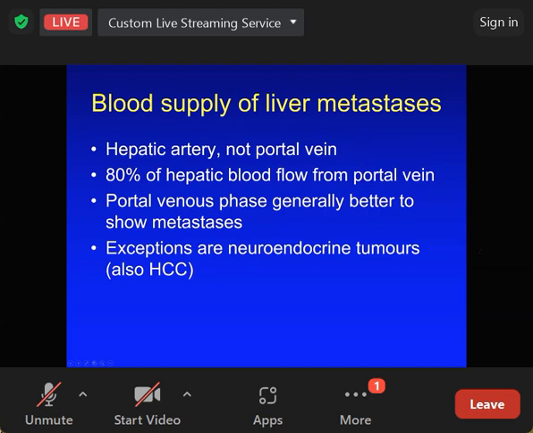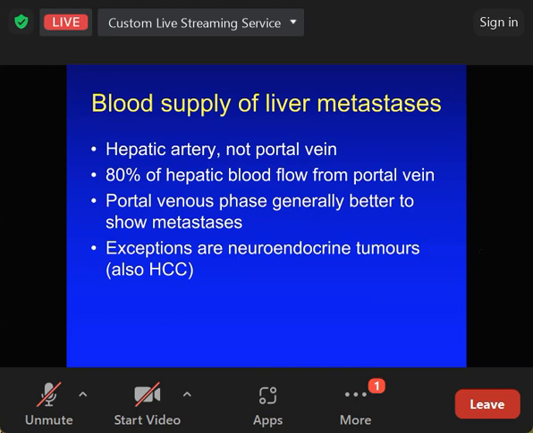So if we take a portal venous phase image, the normal liver will be enhanced. And remember, enhancement means that the tissue is absorbing more X-rays due to the iodinated contrast within it than normal. So it'll be whiter.